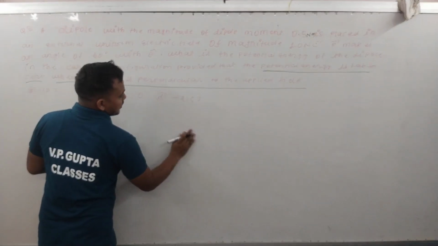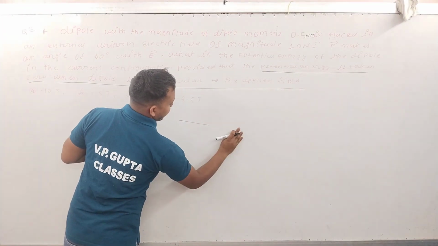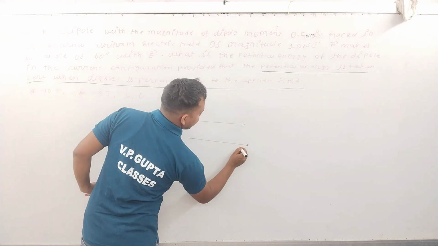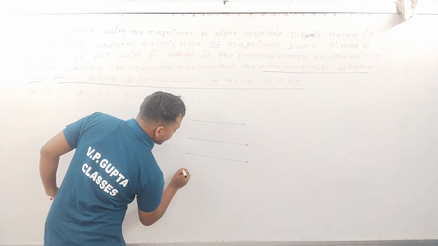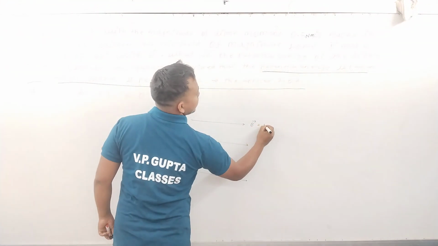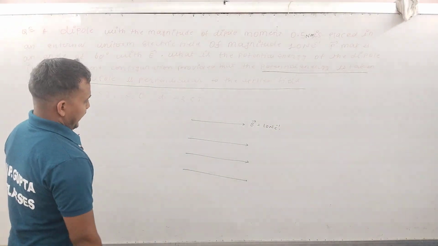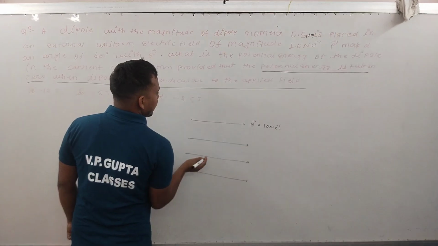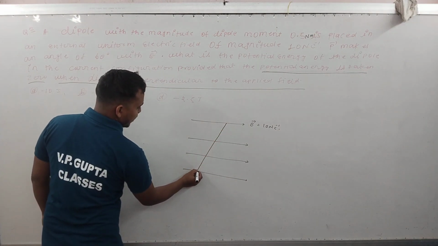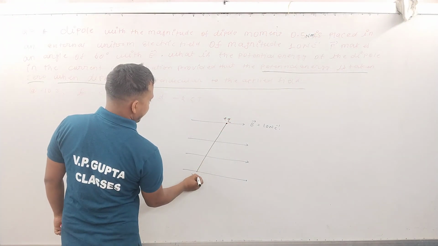We take a uniform electric field of magnitude 10 newton per coulomb, and take an electric dipole with plus q and minus q.